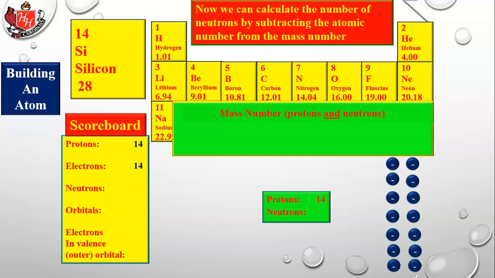But we do know the number of protons. There's the 28. The atomic number is the number of protons. So if we take the number of protons plus neutrons and subtract the number of protons, that's the atomic number up at the top there, 14, then that tells us how many are neutrons. Okay?